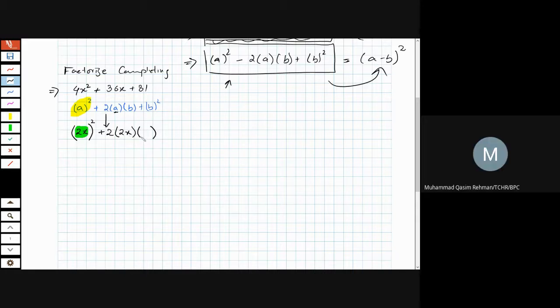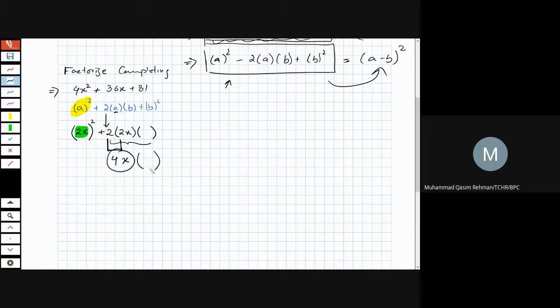Now you need to decide b here because these three things are being multiplied. You do not want to put any random number over here. Whatever number you put here, make sure it gives you 36x. This whole thing should end up the same as 36x. So 2 times 2 is 4, and then I already have 4x.